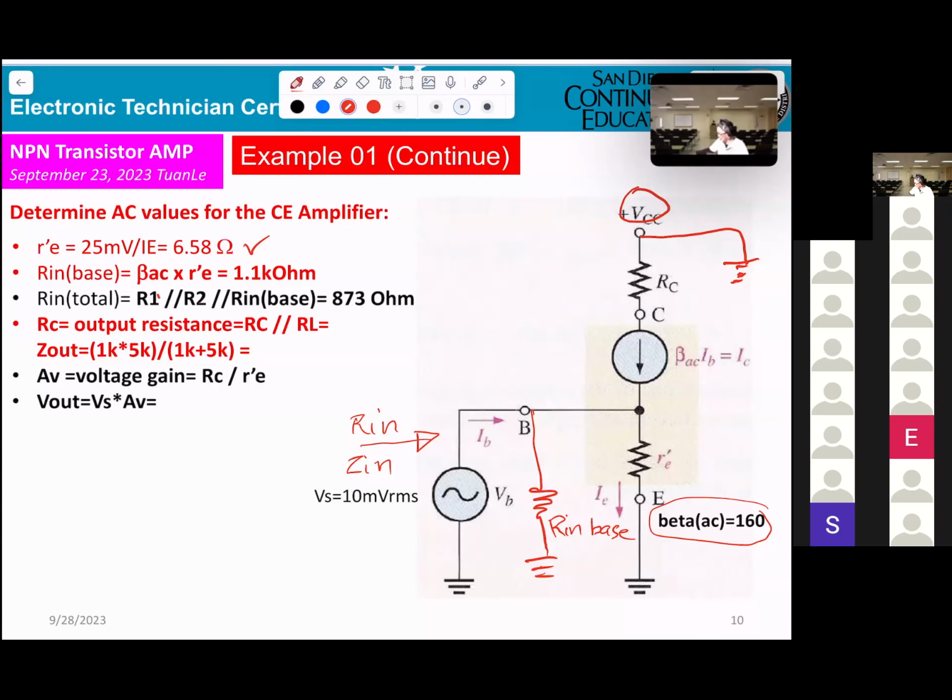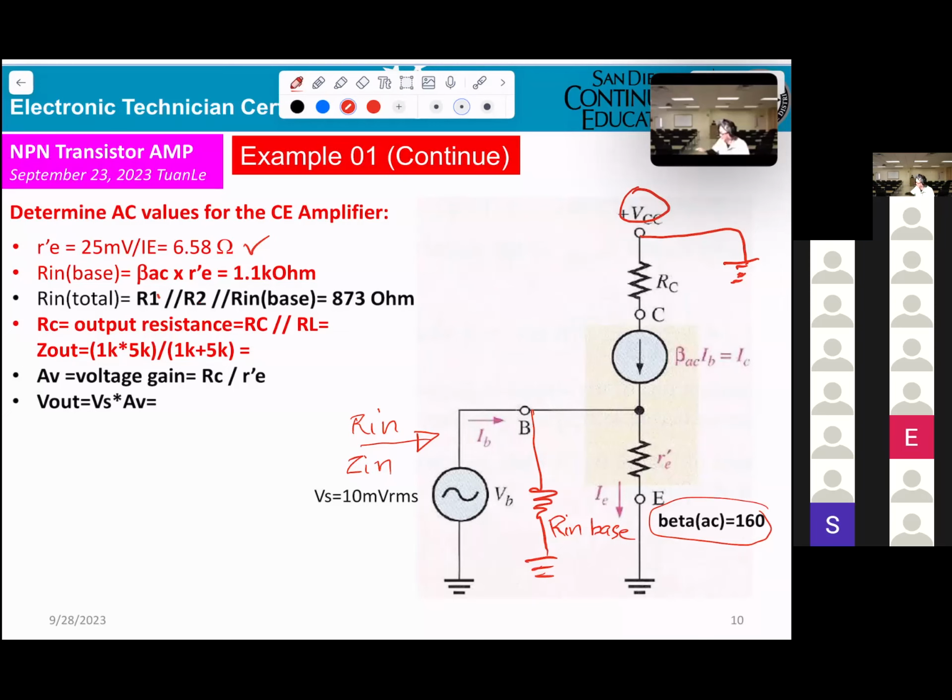However, on this problem they try to separate a beta for DC and a beta for AC. So instead, you're using beta DC for DC calculation and beta AC for AC calculation?